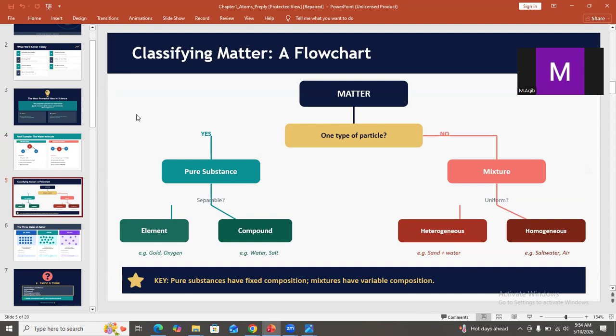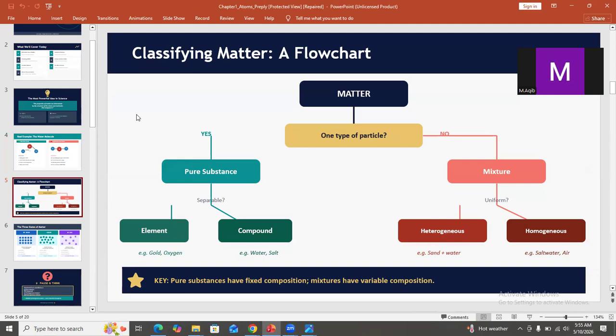And if you take a sample from a substance and you can find more than one kind of atoms or molecules, then it is a mixture and an impure substance.